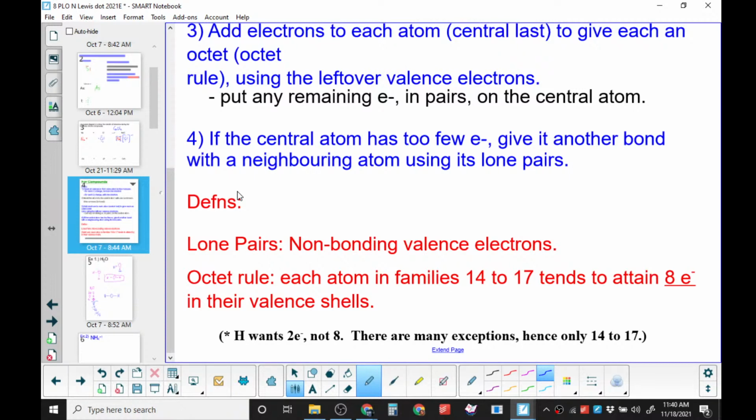Our first exception is hydrogen. We are going to do more exceptions later. There are many exceptions, like most of the periodic table. Well, first of all the metals are an exception. But if you're doing covalent bonding, you don't touch the metals.